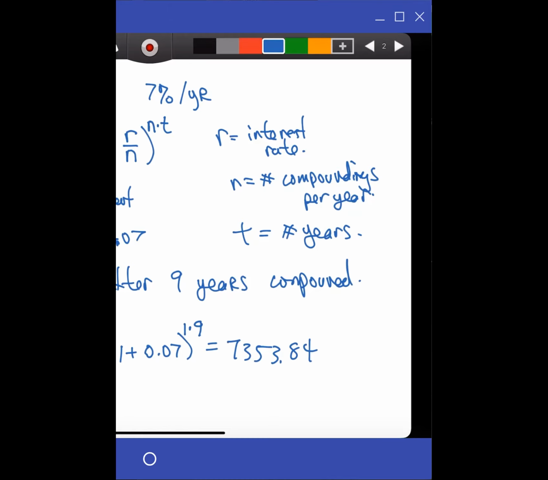So how is this formula going to change? Well, the amount after 9 years is now 4,000 times 1 plus, you got to be careful and divide that interest rate by the number of compoundings. So what does compounding mean? It means they take your interest rate for the year and they divide it up into the number of compounding.